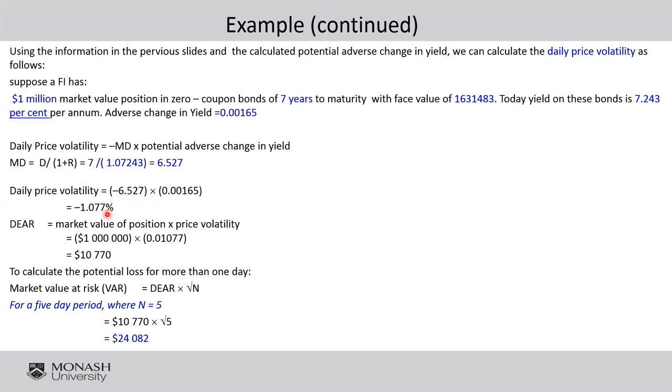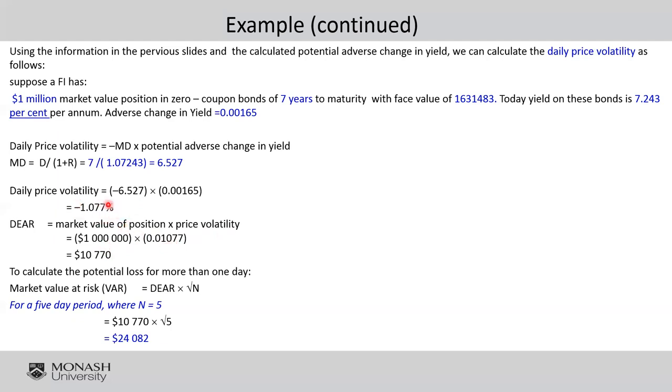I get it to be 1.077. This is the highest drop and the highest increase in the yield. So the DEAR is the market valuation of the position times the price volatility, which is 1 million times 1.077.